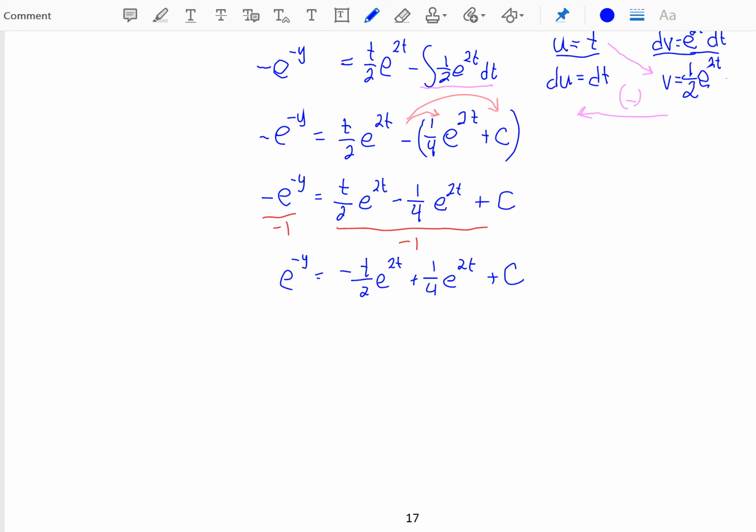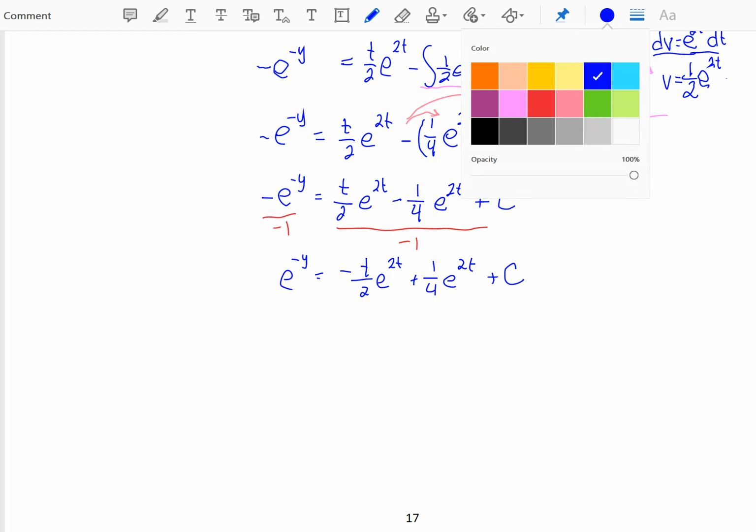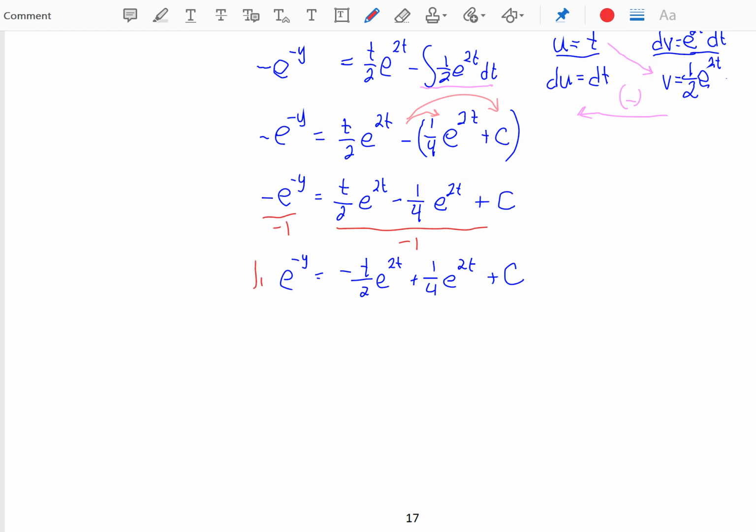Okay. Again, we want to get y by itself, so we choose to apply a natural log to both sides of the equation. Using the fact that the natural log and the e are inverses of each other, we will get negative y equals the natural log of negative t over 2 e to the 2t plus 1/4 e to the 2t plus c.